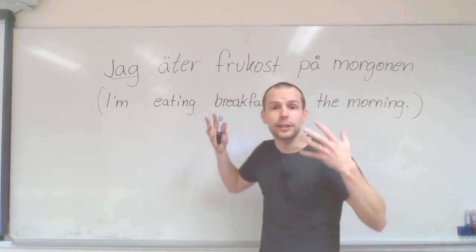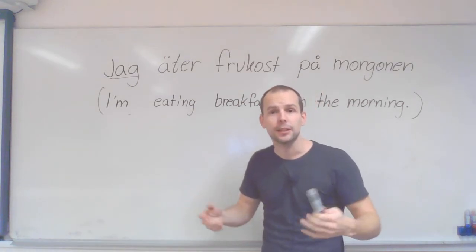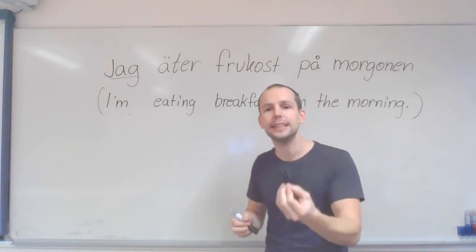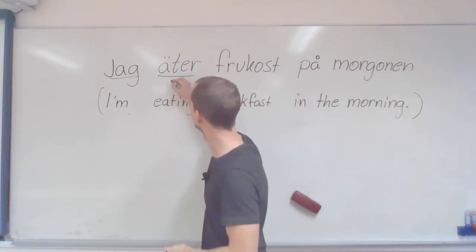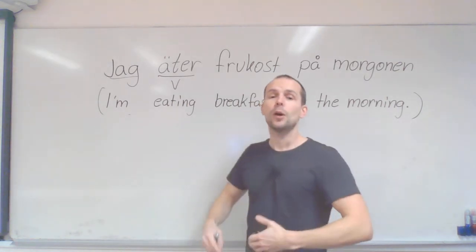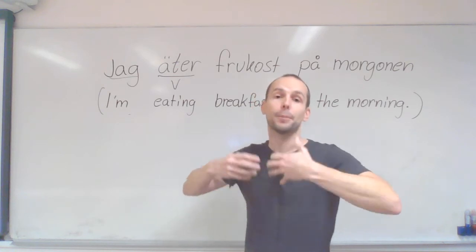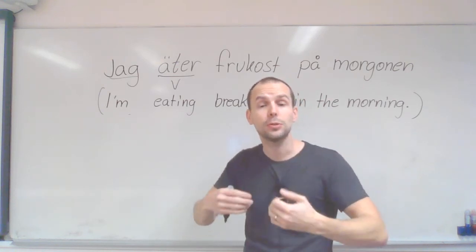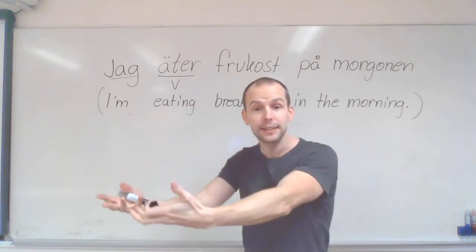But what are we going to look at? Well, when you construct a sentence, you will always need a verb in a sentence. And we have it here. This is the verb, and it's the same in English. We need a person or a thing to perform the verb, to do the verb, to eat.